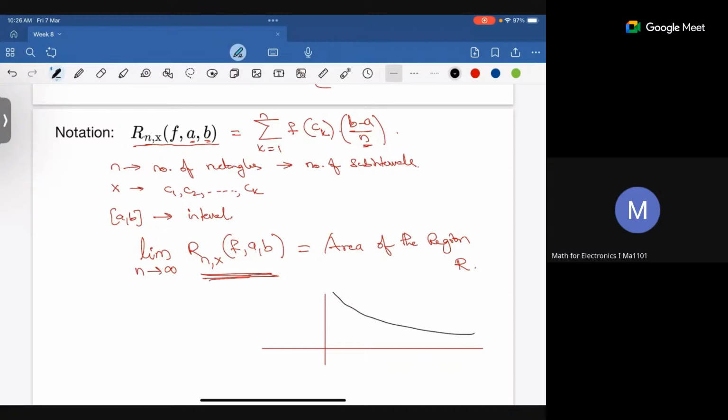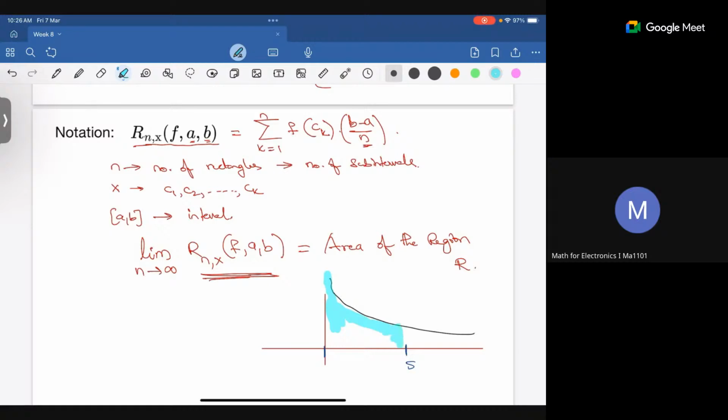So you have this, and you are trying to find the area from 0 to some 5. Then this particular region is unbounded. If you try to compute the Riemann sums and tend n to infinity, you will get infinity because the area under this curve is infinite. This goes on like anything, right?